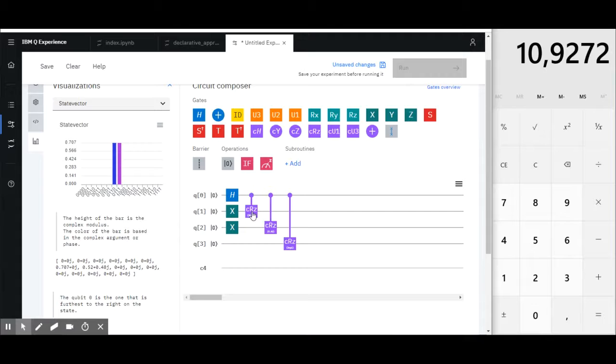This should rotate in proportion to its weight, because I should make a rotation that is proportional to the weight of that qubit, right?